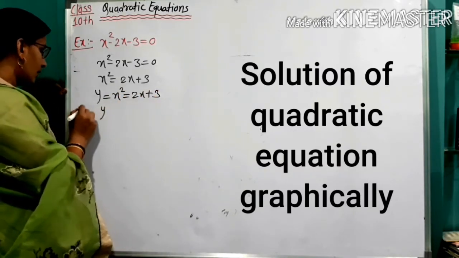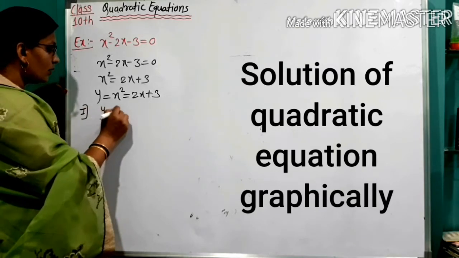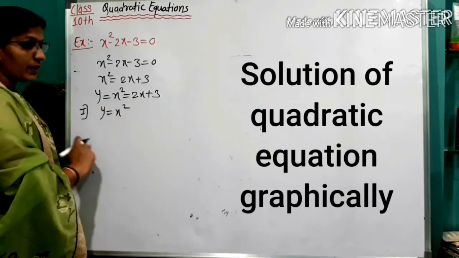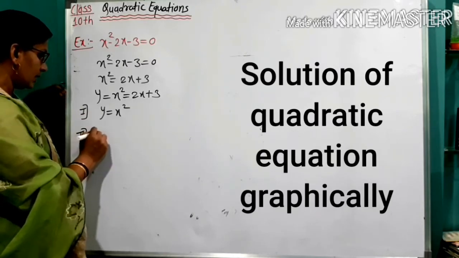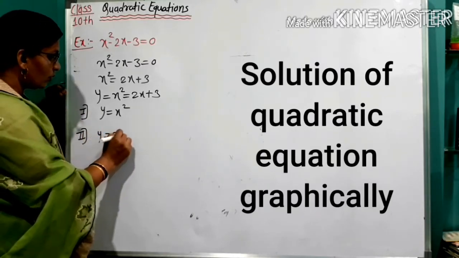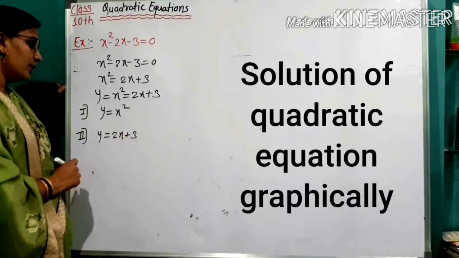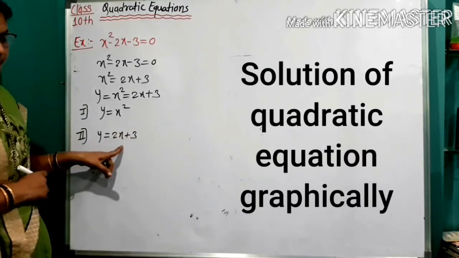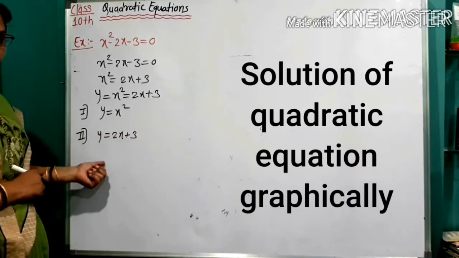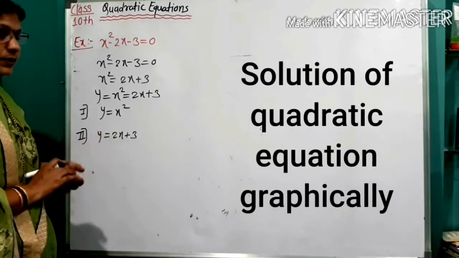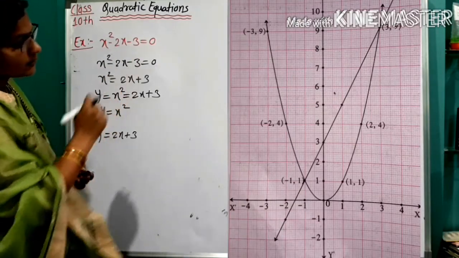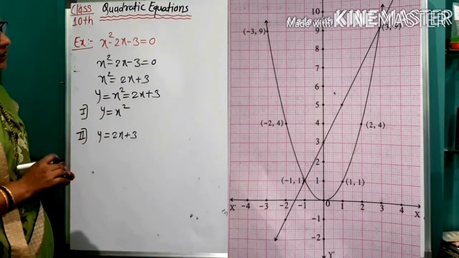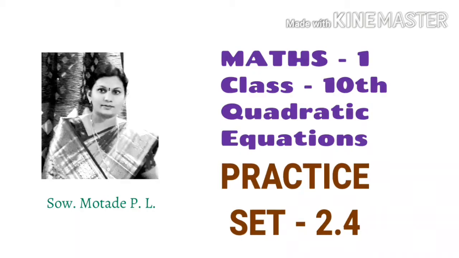First take the equation y equal to x square and prepare the table to draw the graph, and second is y equal to 2x plus 3, and prepare the table for values of x and y. If we draw the graph of this, the graph is as denoted by this figure, and here there are two values of x.